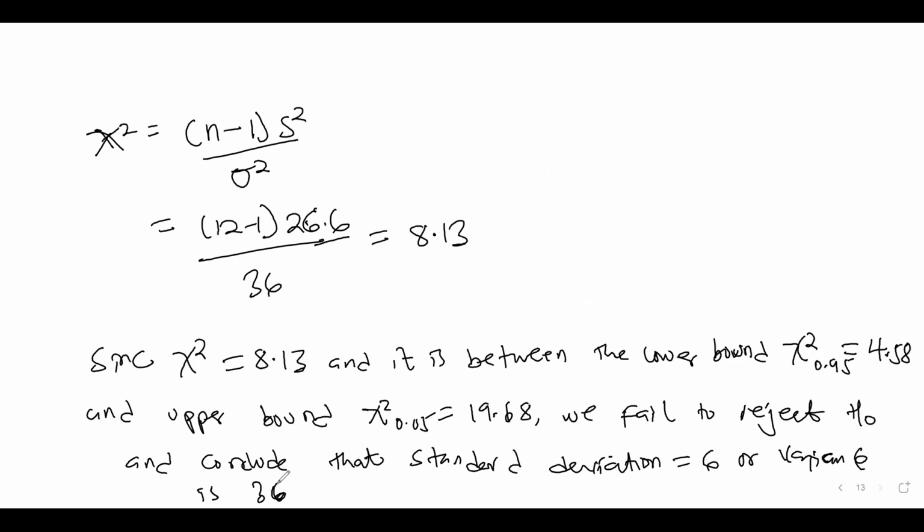So anytime you fail to reject the null, your conclusion will be based on the null. But anytime you reject the null, we use the alternative to conclude, all right?